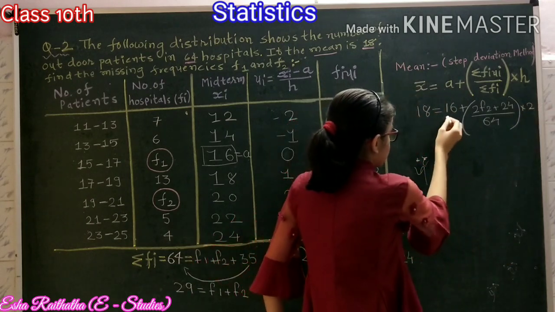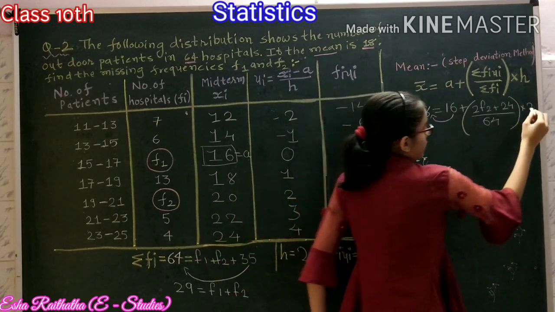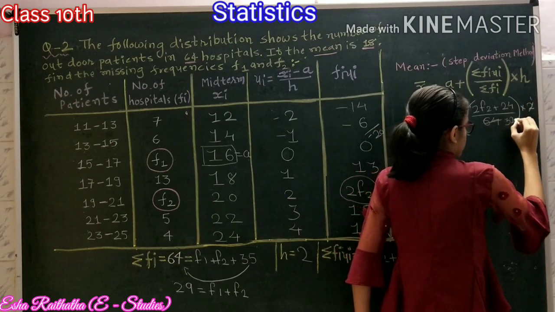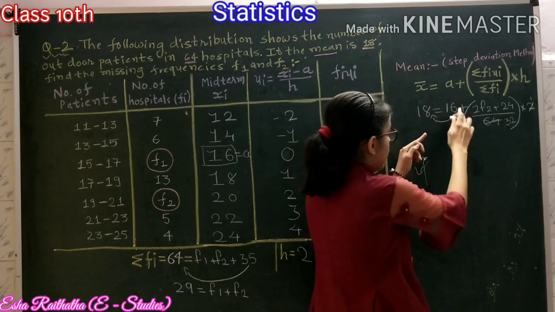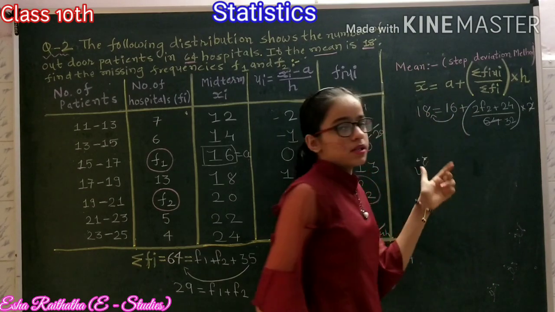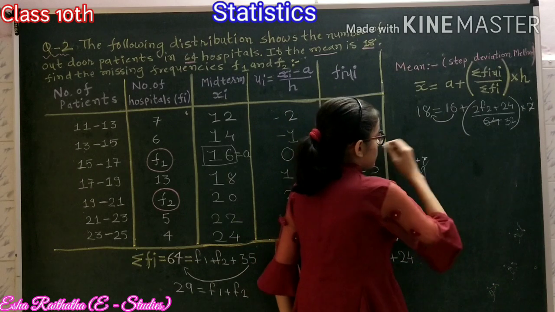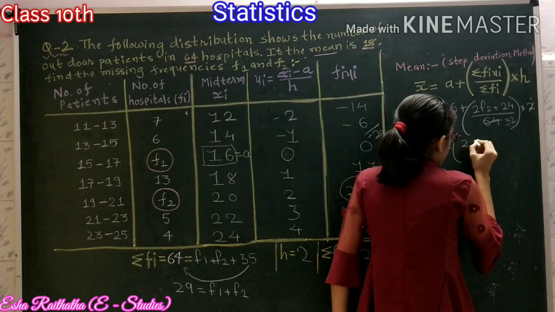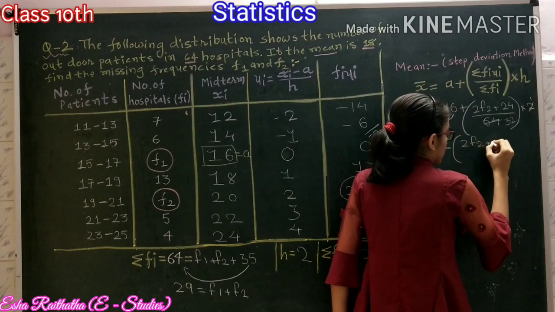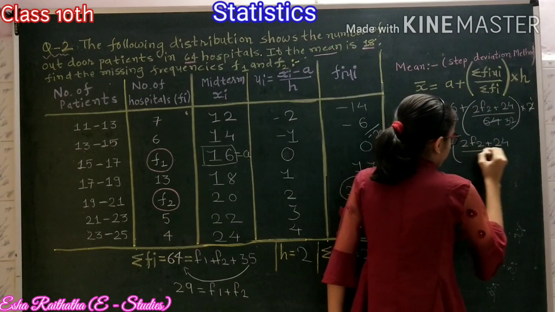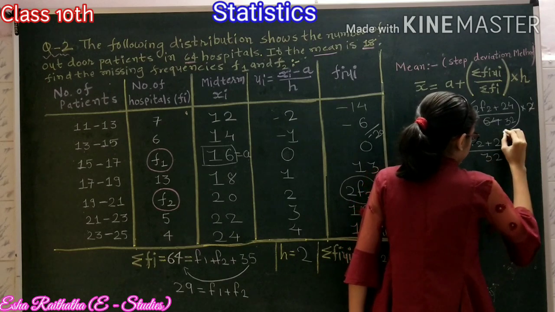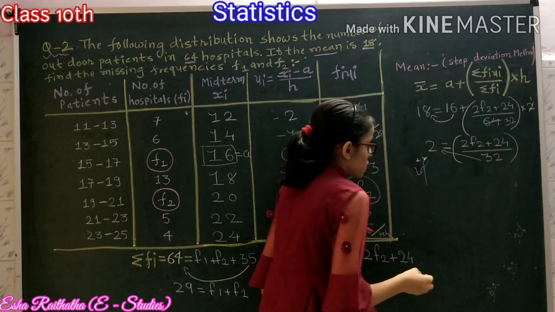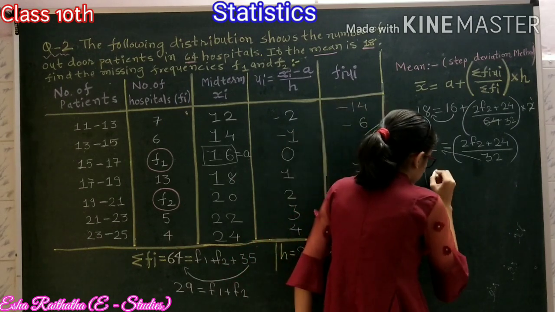Now 16 will go to this side, and 2 into 32 is 64. As 16 goes to the other side, its sign changes to minus, and 18 minus 16 is 2, which is equal to 2F2 plus 24 upon 32. Now 32 will move here and multiply with 2, so it will become 64.